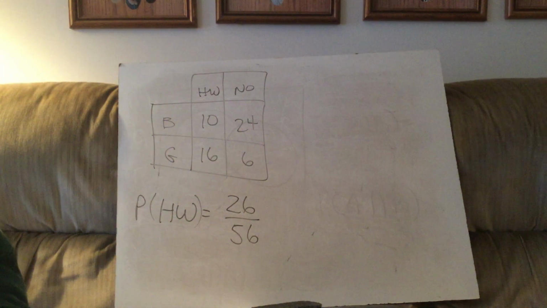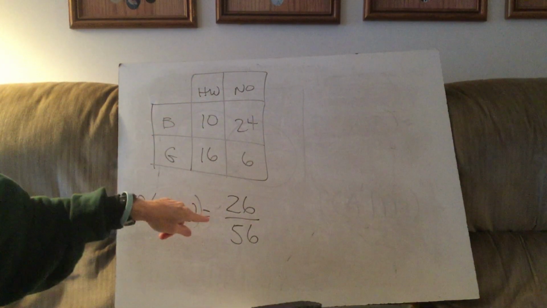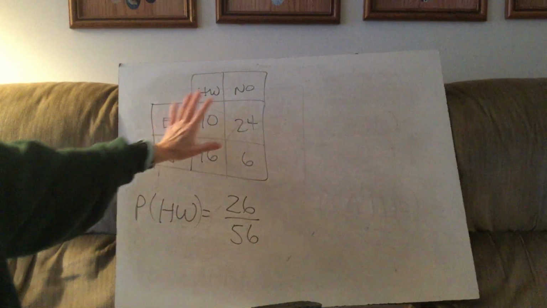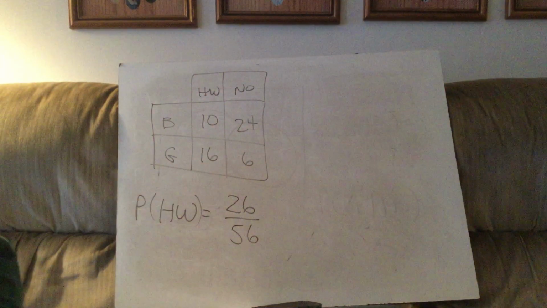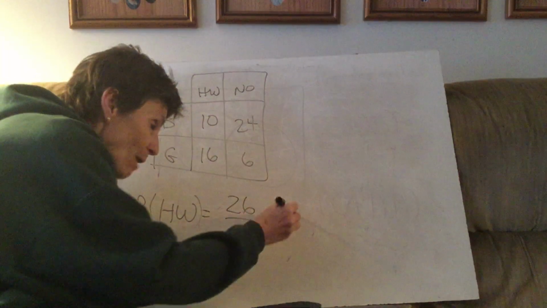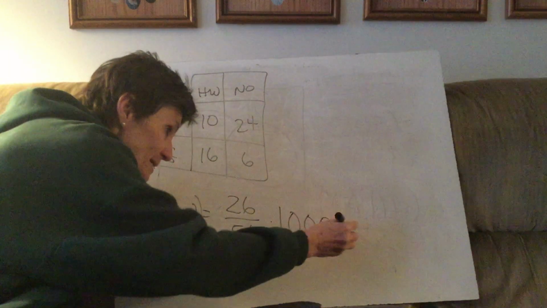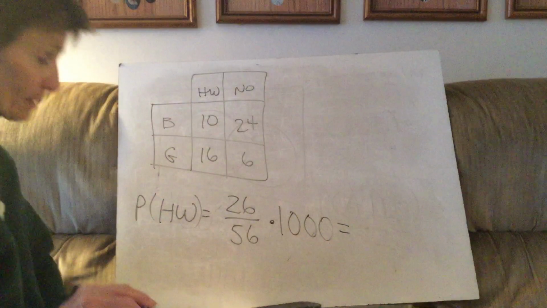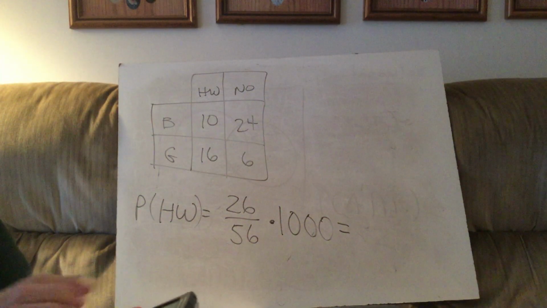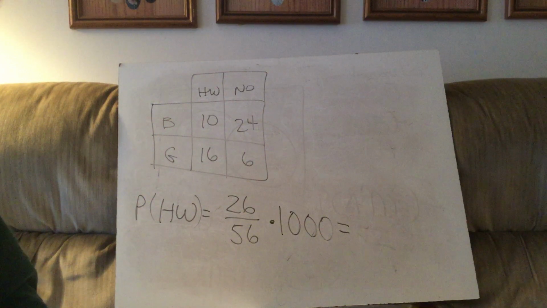The answer to the question says, if that's the probability that we will do our homework, 26 out of a total of 56, then if we apply that to 1,000 people, we're just going to multiply it times 1,000. And that is going to tell us how many of those kids can be expected to do their homework.